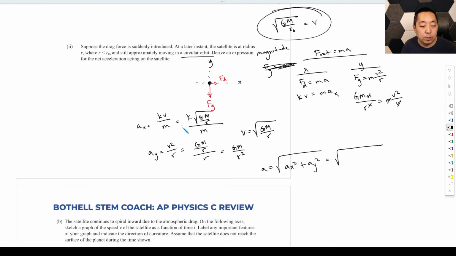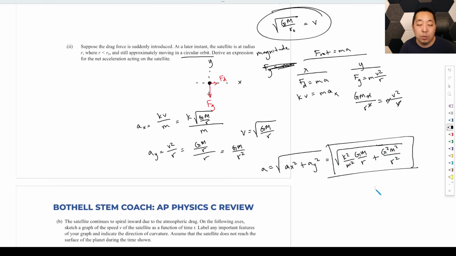So that's going to be the square root of k squared over m squared times GM over r, plus this thing squared, which is G squared M squared over r to the fourth. You could do some factoring if you wanted to, but that's perfectly fine the way it is there. Okay, all right.